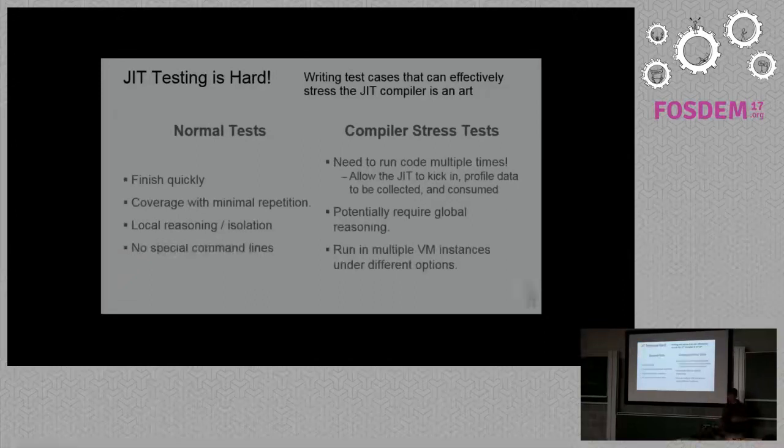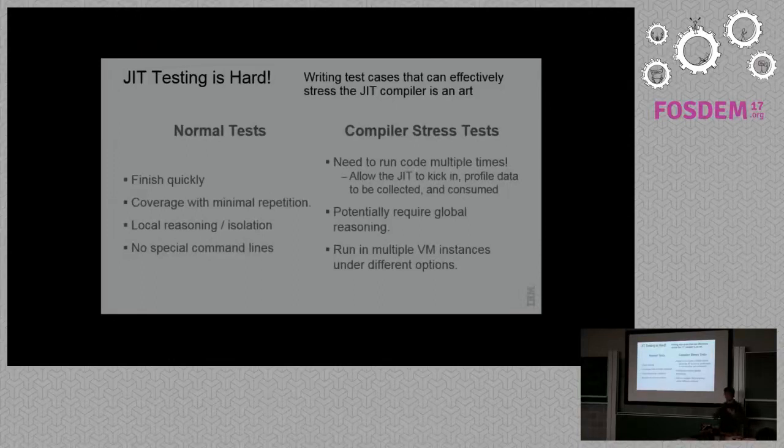Compiler tests are not like that, unfortunately. Often you have to run the code multiple times. This is because the compiler will not choose to compile things until it's necessary, which means that you have to iterate around to make sure that the compiler will actually try to compile something, or you have to have special funky command lines to get it to do things. Compiler tests often require global reasoning.